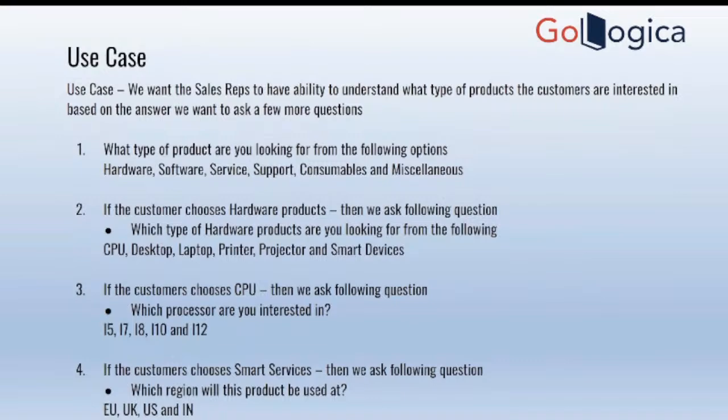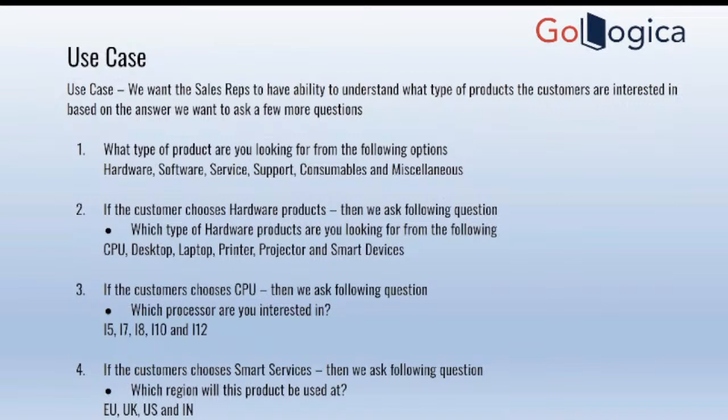If you go to buy Dell laptops online, there could be options for hardware, software, services, maintenance or support, consumables, like if you only want a keypad or a charger, and miscellaneous could be warranty and such.